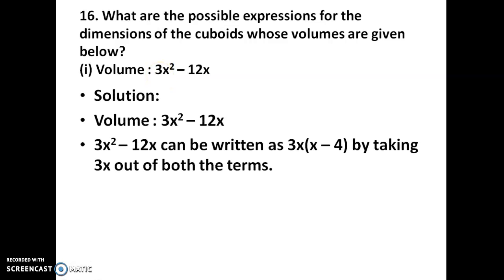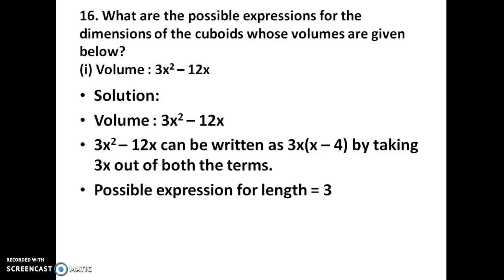And x is also common, so we take 3x outside. So we will get 3x into x minus 4. Now this is of the form L into B into H. So three terms are multiplied, and we have come to that form.